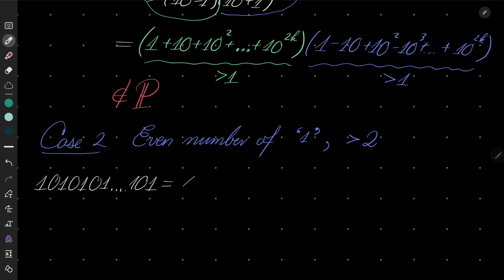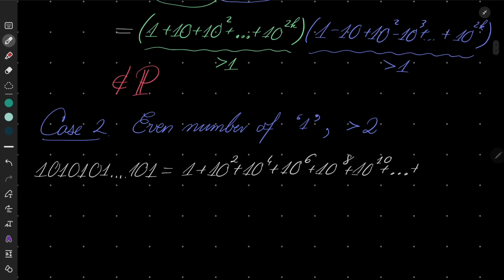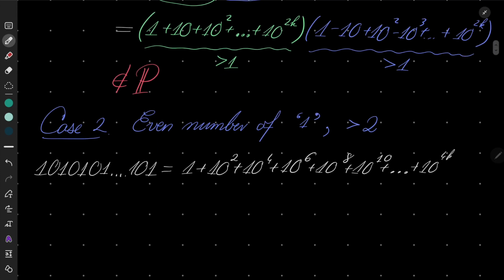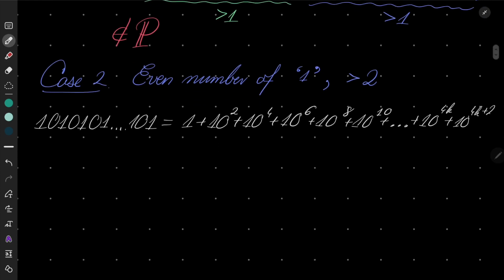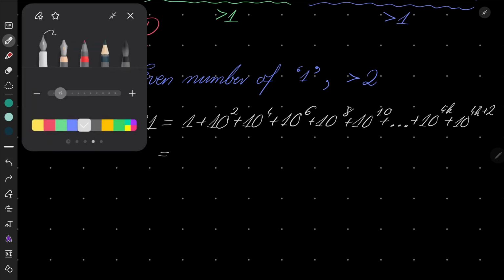Okay, so this number is 1 plus 10 to the power of 2 plus 10 to the power of 4 plus 10 to the power of 6 plus 10 to the power of 8, 10 to the power of 10, and so on. The last two terms will be 10 to the power 4k and 10 to the power of 4k plus 2 this time. And now we can see the following. I will write 1 plus, maybe I will write it in yellow.